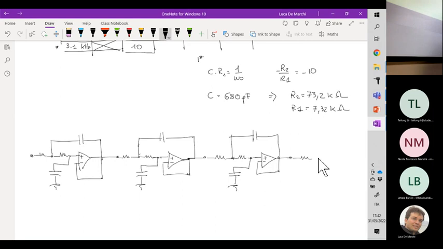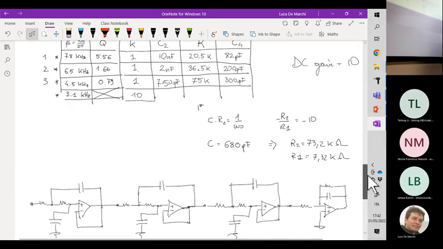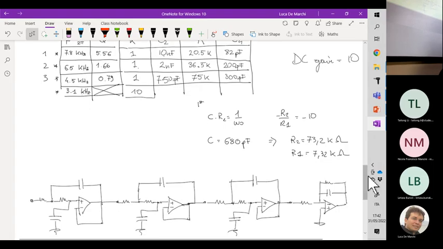And finally, the first order stage. This is very important because it allows you to realize the desired DC gain. Okay, so you can then use all the information derived from this table.